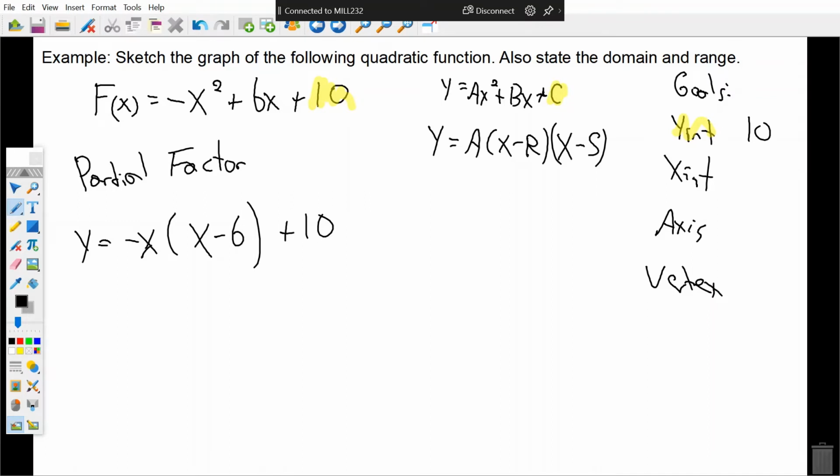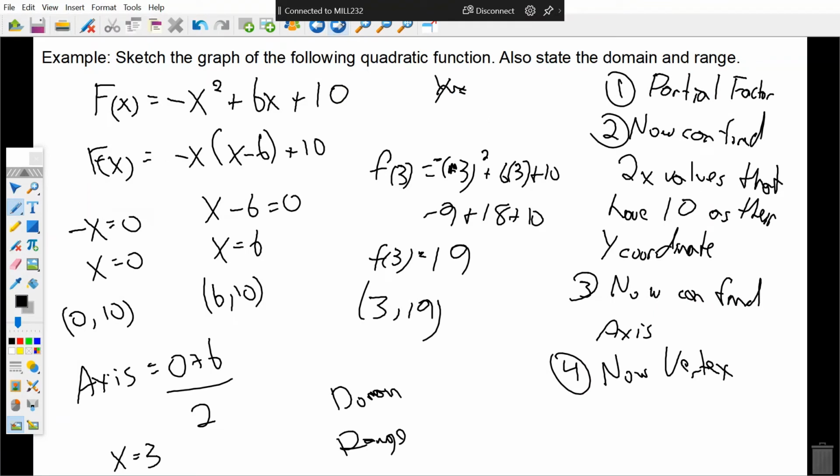Now, the purpose of this is, and I've got it here, and then I'm going to go back to that slide in a minute, we're going to solve for these two pieces, and that'll give us two x coordinates on the graph. If we can find two x values, we can find the middle of them, which will give us our axis, and then we can find our vertex, and then we can solve it.